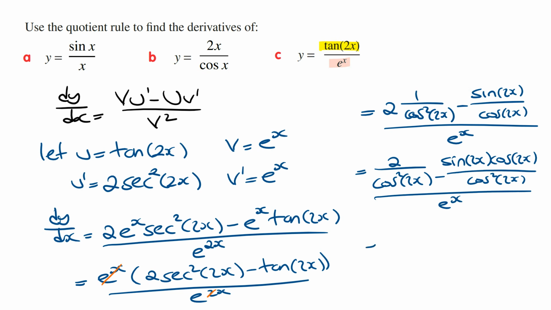And so simplifying this is equal to 2 minus sine of 2x times cos of 2x all over, and we can bring down cos squared of 2x to the denominator, and so this will be e to the x times cos squared of 2x.